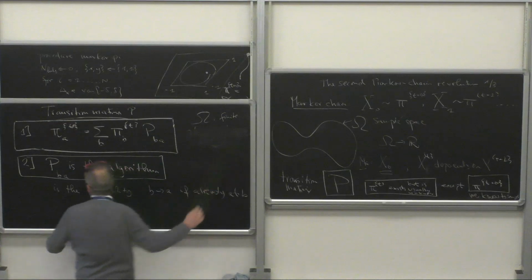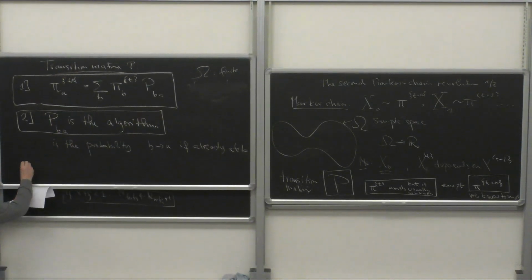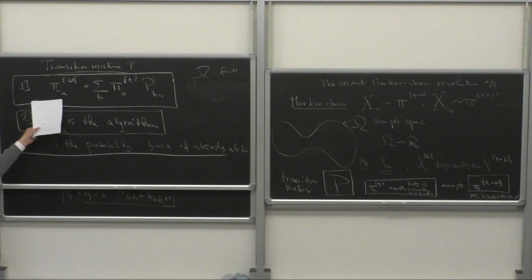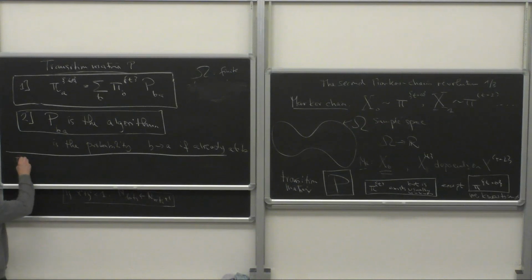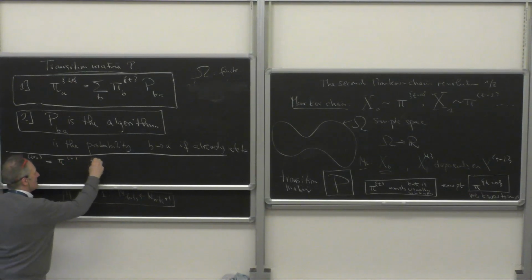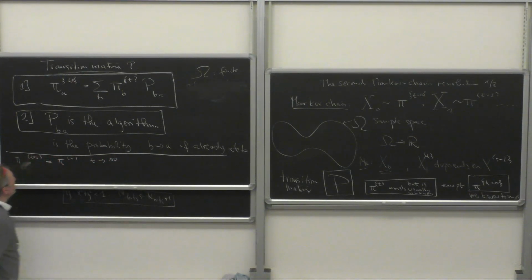So now, let me write down the global balance condition. Suppose in the limit t going to infinity that pi of t plus 1 is the same as pi of t. Excuse me, I was getting ahead of myself.